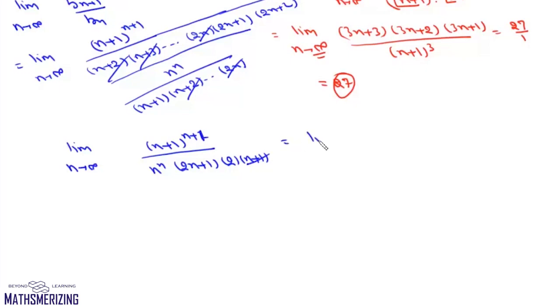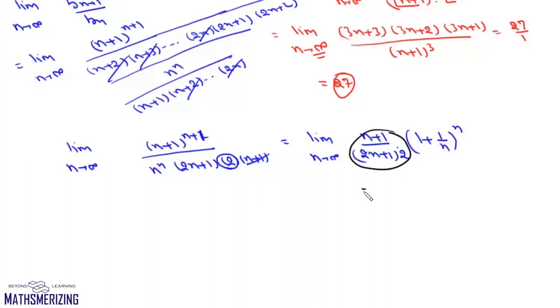Now we can also write this as limit n tends to infinite n plus 1 upon 2n plus 1 into 1 plus 1 upon n to the power n. And we also have this 2 here. Now we take this limit, this part will be simply 1 by 4, and then this is 1 to the power infinite form, and this is standard limit, its value is e. So limit of the sequence will be simply e by 4.